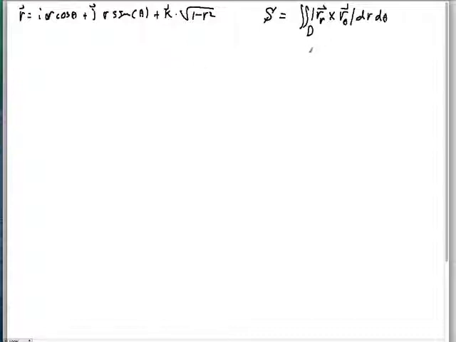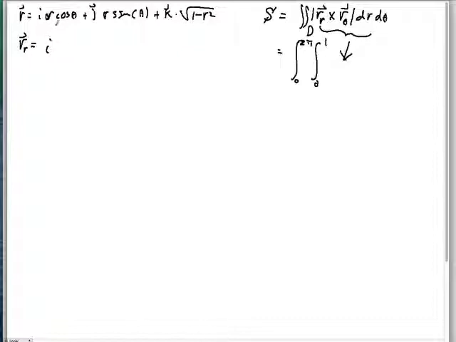Our domain can be rewritten as 0 to 2 pi and 0 to 1, and then we put the same stuff in there. So now we have to find the partial of r with respect to scalar r. We just take the derivative.